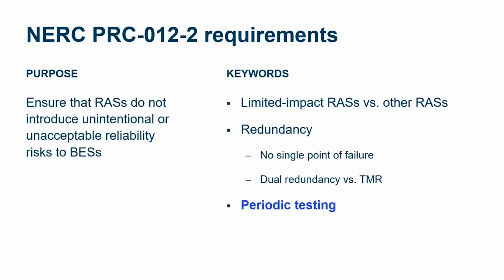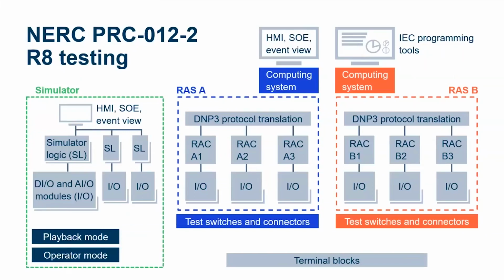NERC PRC 12-2 is a compliance requirement for RAS systems. It provides us guidance on different design aspects of the RAS system. In the coming slides, I'm going to talk more about requirement 8 that deals with periodic testing and maintenance. NERC PRC 12-2 requirement 8 talks about functional testing and segmented testing of the RAS at site.